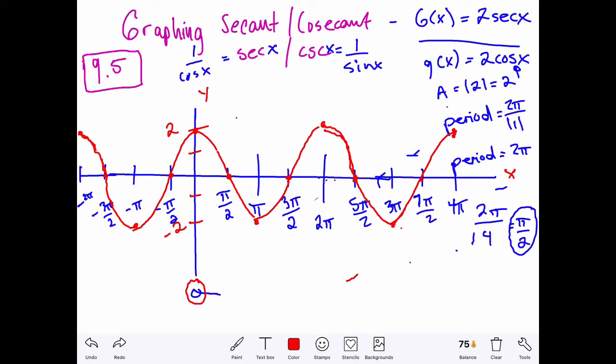After 2 cosine of x, we can look at 2 secant of x. Remember, we graph its reciprocal function first, which if it's secant is cosine, and if it's cosecant is sine. So I did 2 cosine of x first, and now let's look at what 2 secant of x looks like. What we want to do is put in asymptotes every time it intersects our midline.